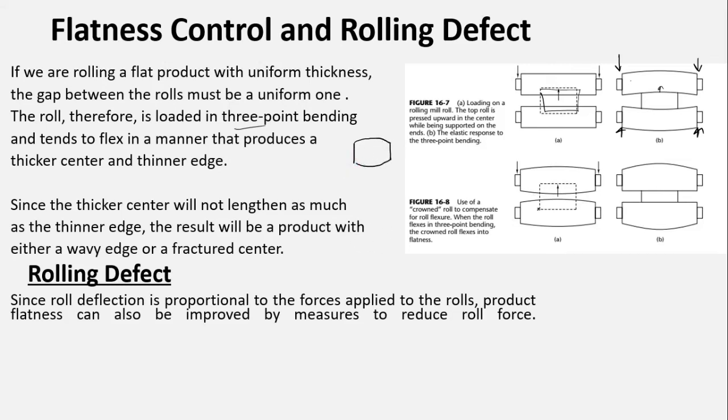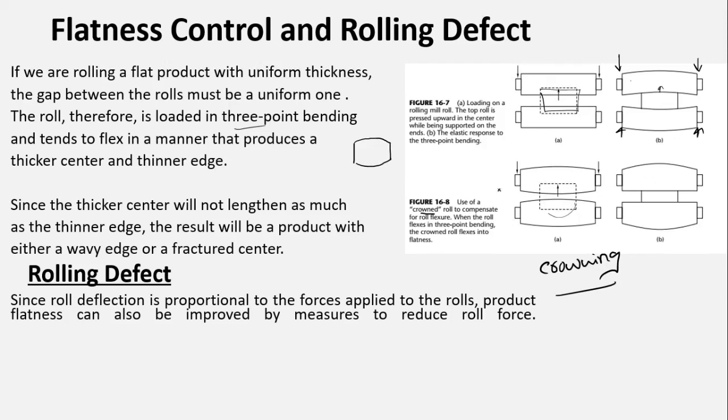To overcome this problem, we perform crowning of the rolls. Rolls are crowned, and what is crowning? They are made in such a way that the rolls are thicker at the center while thinner at the edges.